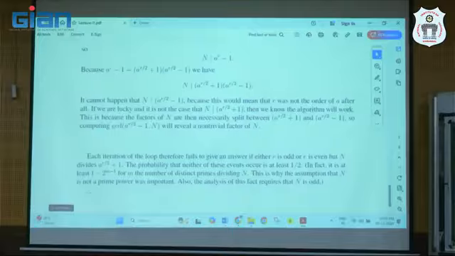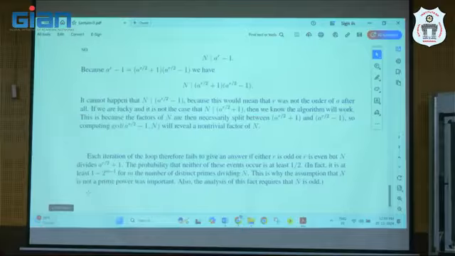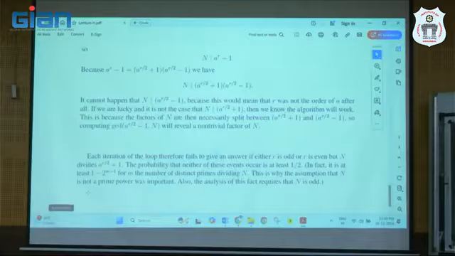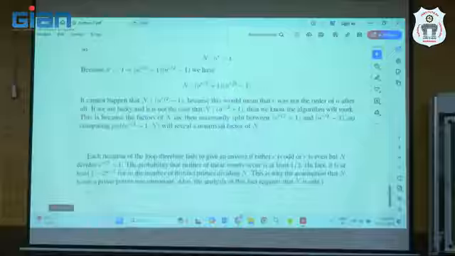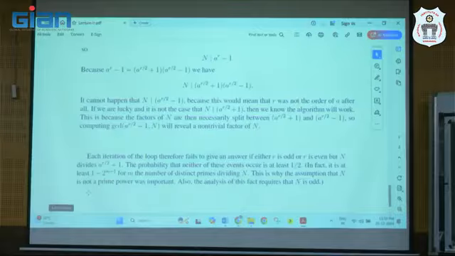Order finding has that cyclicity property. Simon's problem also, that periodicity of S is there. Correct? Okay. Any questions?